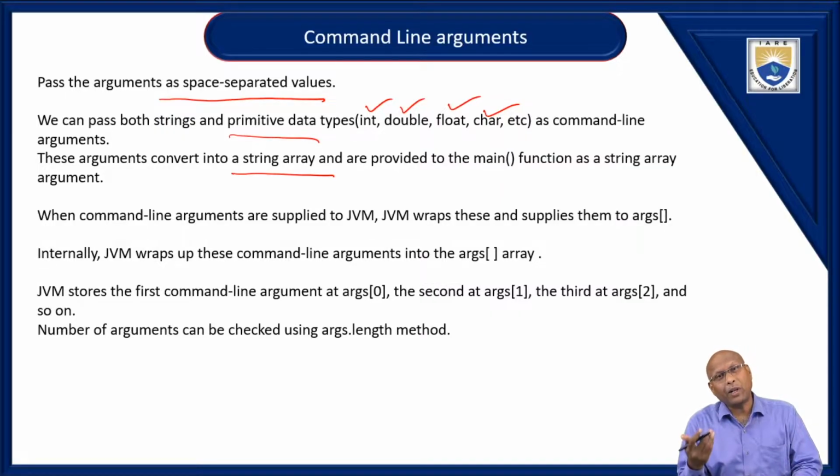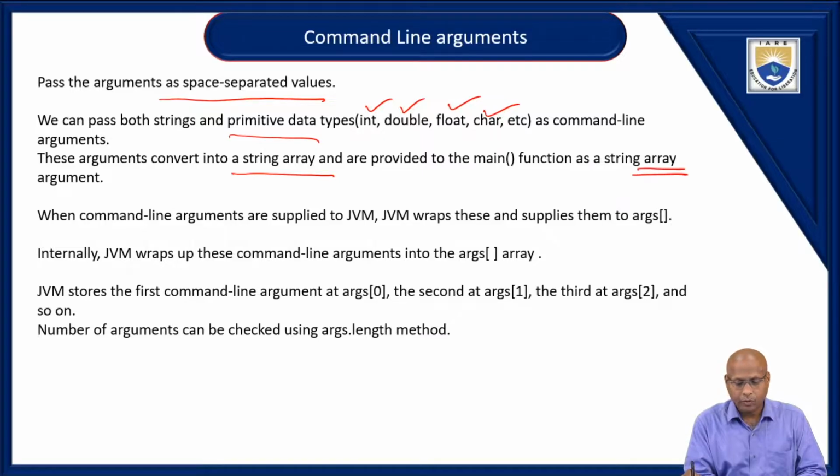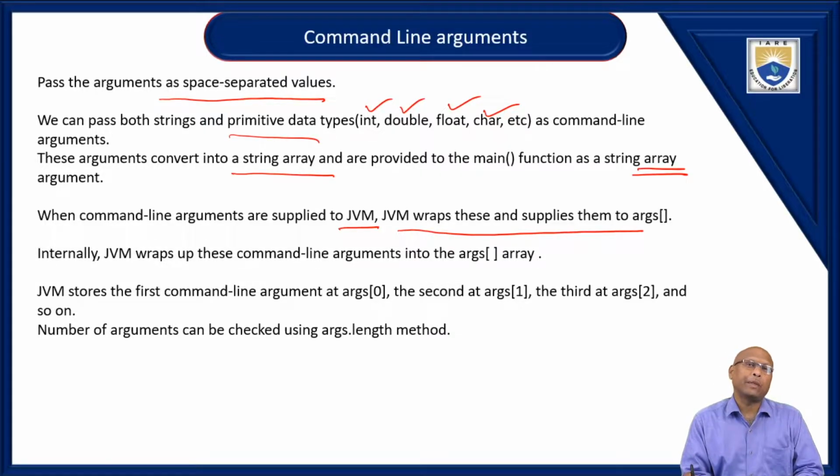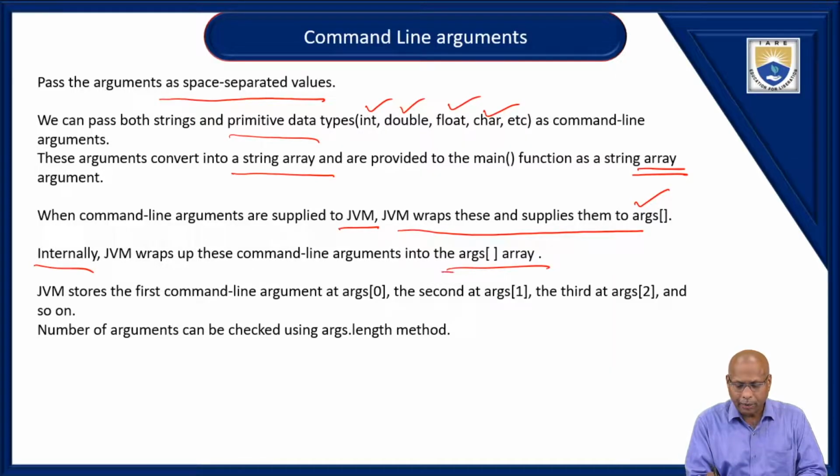When you pass multiple arguments, they will be stored in array form. When command line arguments are supplied to the JVM, the JVM wraps them and supplies them in an argument array. That array is in string format.